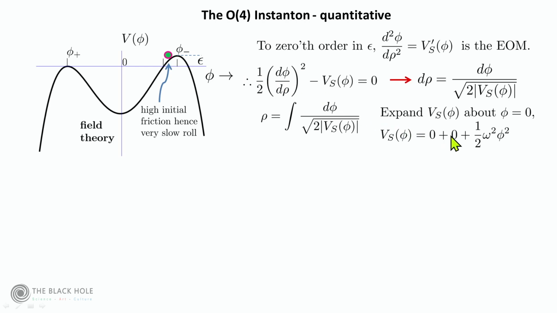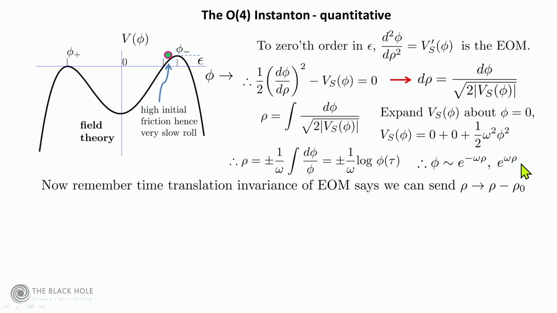It's at a maximum, and so there's no first derivative. The only thing that remains is the second derivative, and omega by definition is the second derivative. So Vs of phi is this, which means that I can just integrate this. d phi over phi is log of phi. And that says that phi goes as either e to the minus omega rho or e to the plus omega rho.